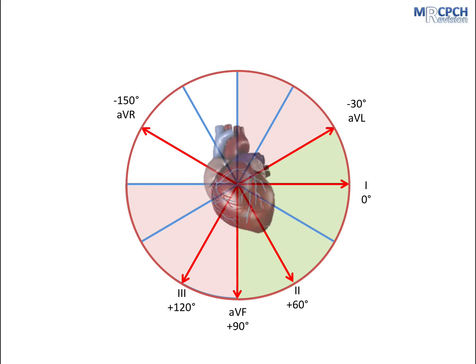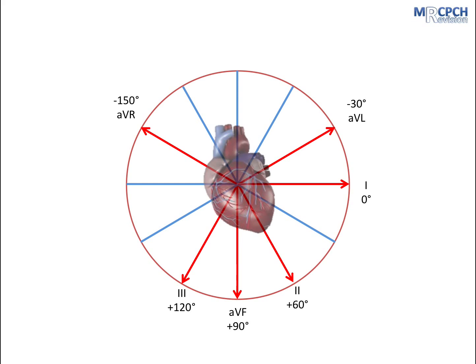Values between plus 90 and plus 180 would be right axis deviation. And any value between minus 180 and minus 90 will be extreme right axis deviation, and that's sometimes termed superior axis deviation. So we'll consider the normal ranges in children in future content.